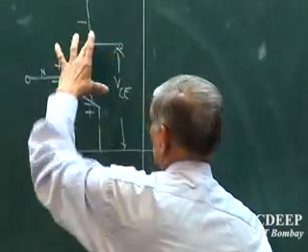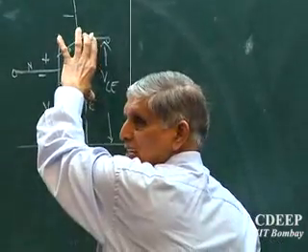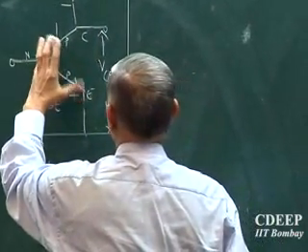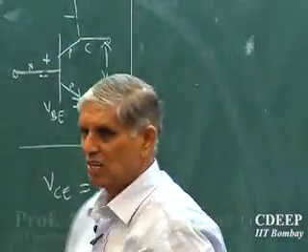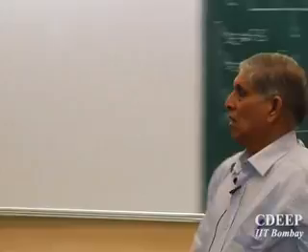I can go from emitter to collector directly, or from emitter to base, base to collector. Either way, if I reach the collector node, the voltages must be the same. So whether I go via the base circuit or directly from emitter to collector, the two must be the same.